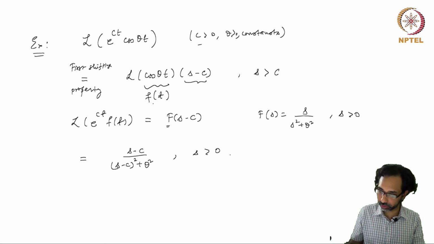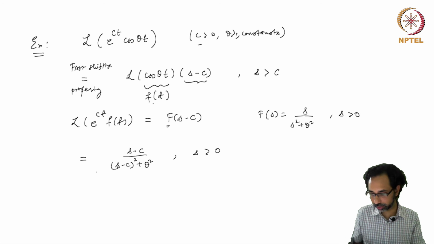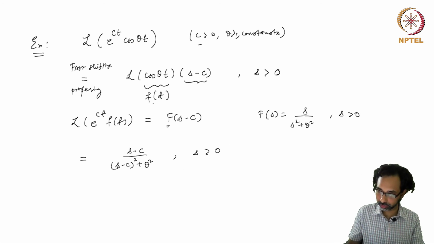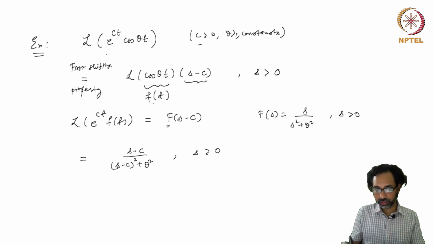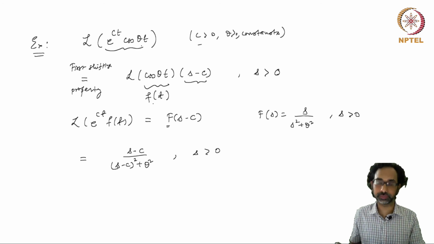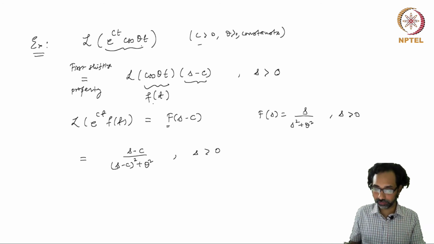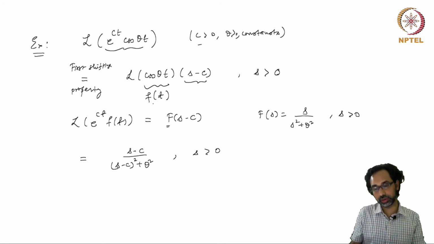So in fact we don't need it to be greater than c, this is well defined on the region s greater than 0. So in this way we can apply the first shifting theorem to compute the Laplace transform of any function which is multiplied by e to the power ct in the input function.